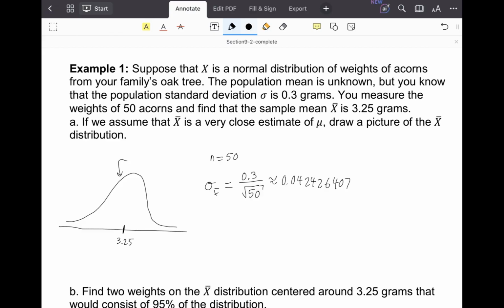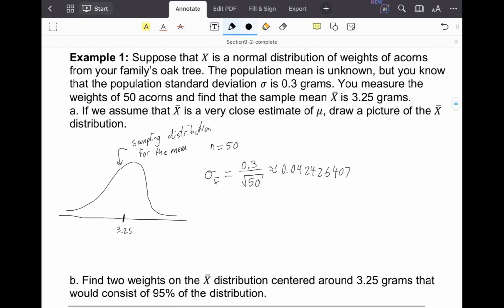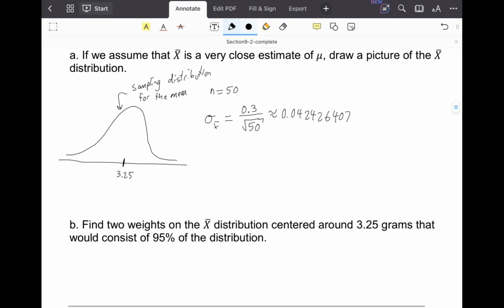And this would be the sampling distribution for the mean. Now, it'll look normal, close to normal.